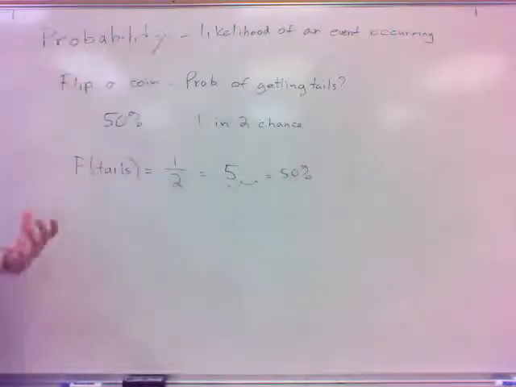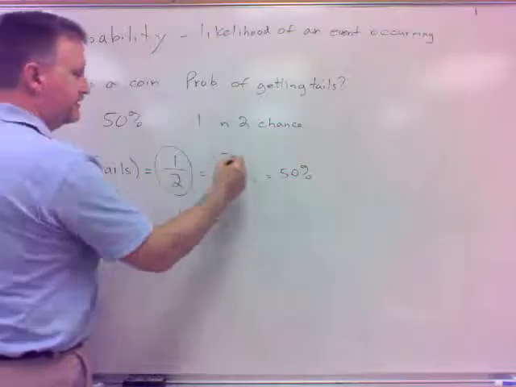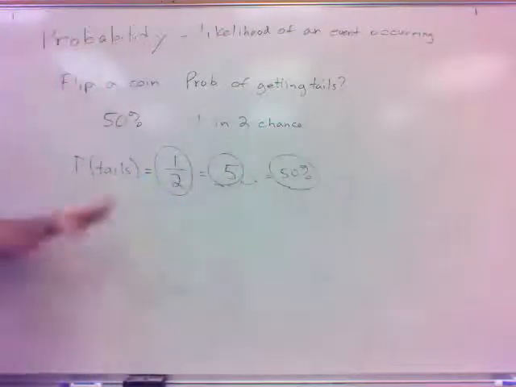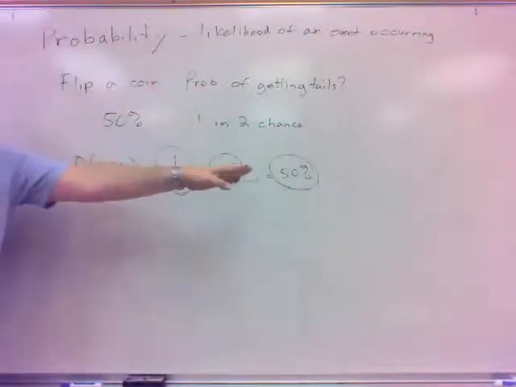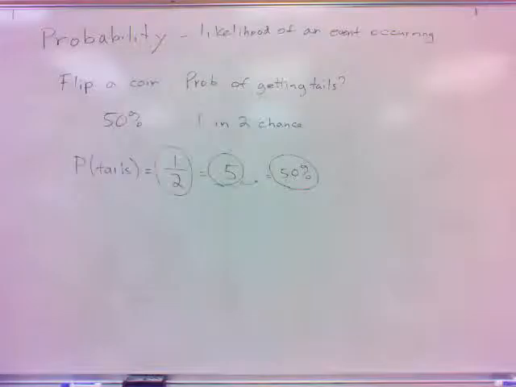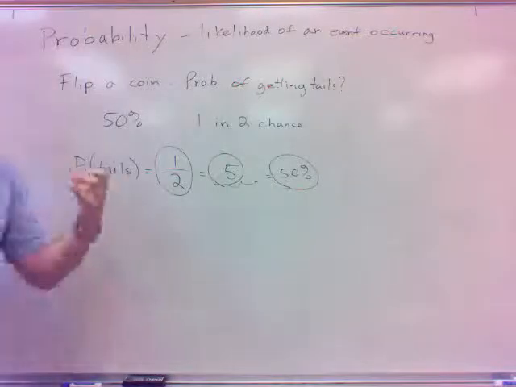So these all three are related: fraction, decimal, percent. They all go hand in hand, and sometimes we list probabilities in those 3 different ways, depending on the problem or what you want.